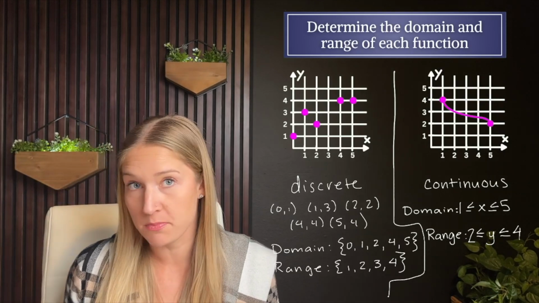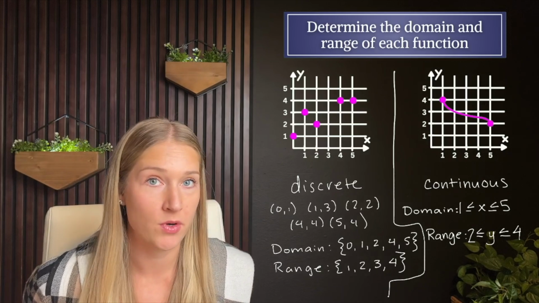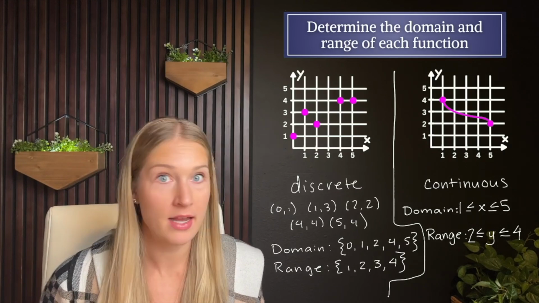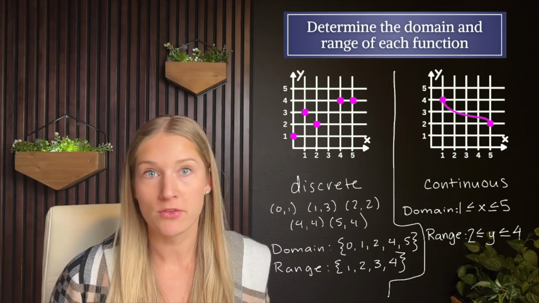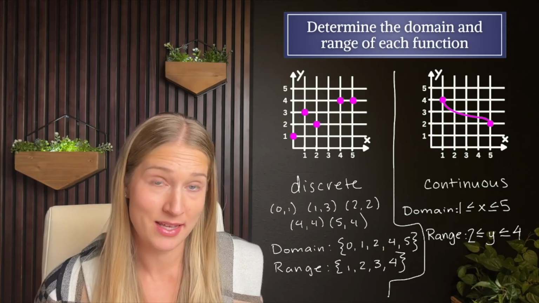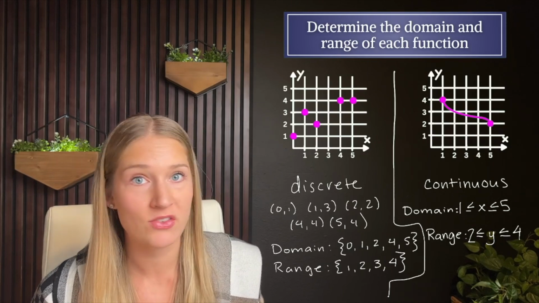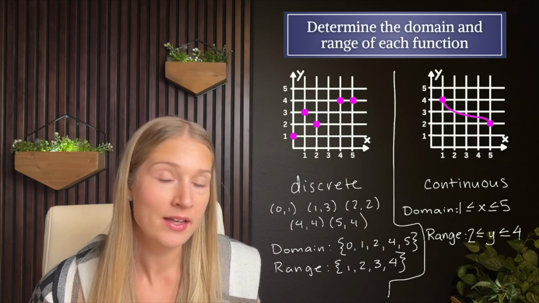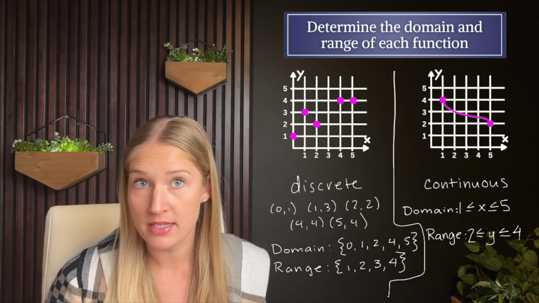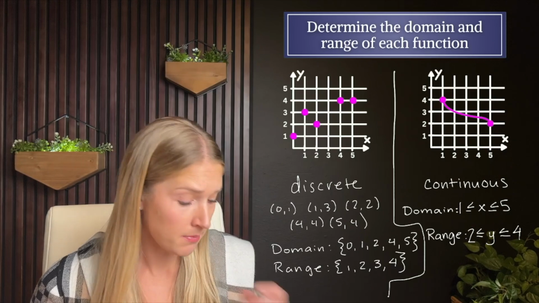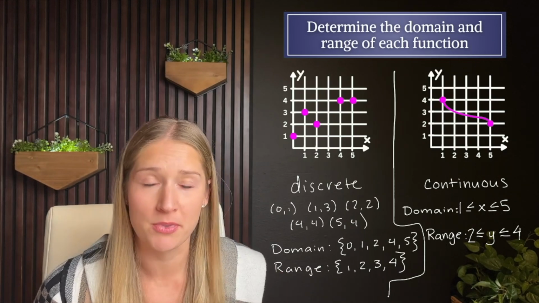I could have 2, 2 and a quarter, 2 and a half, 2.9, 2.97, 3, 3.01, any number. That's why we don't list them, because there are so many, you're never going to get to them all. So for continuous data, you'll probably use an inequality statement like this. There may be another way your teacher has you represent it, but this is one of a couple of options.